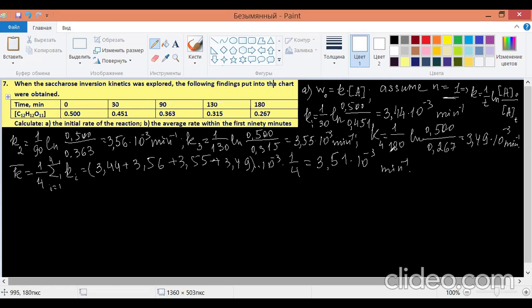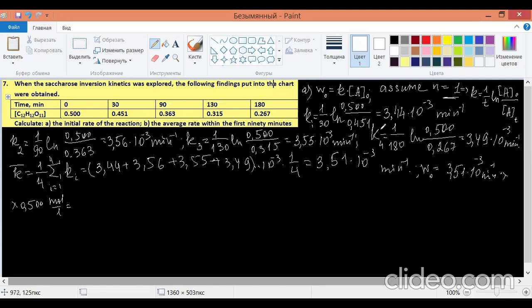Okay, and now we can calculate the initial rate of this reaction. It is 3.51 times 10 raised to minus 3 minute raised to minus 1 times the initial concentration of saccharose, which is 0.5 mole per liter.